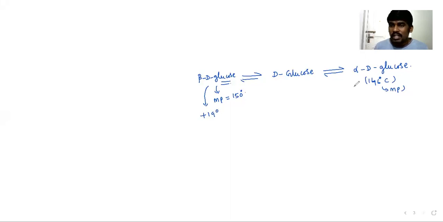Whereas alpha D-glucose has an angle of rotation of plus 112 degrees. It's dextrorotatory. That is the angle of rotation of beta D-glucose.